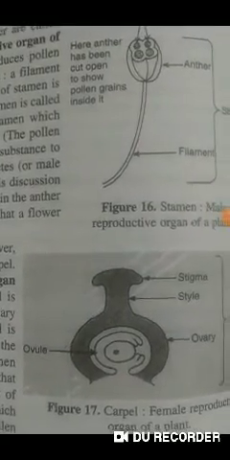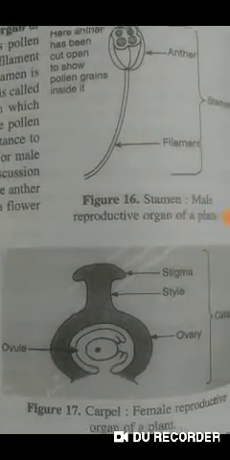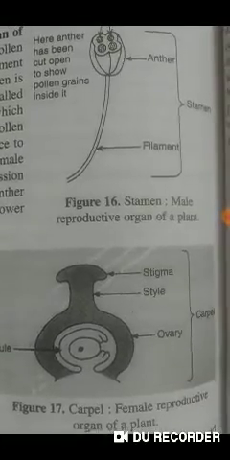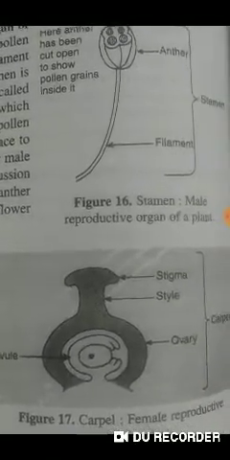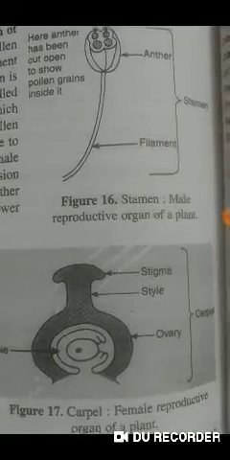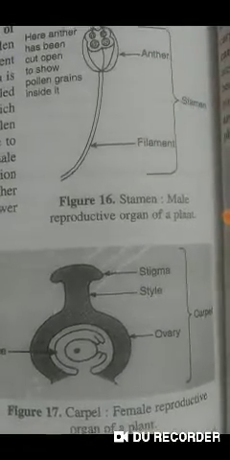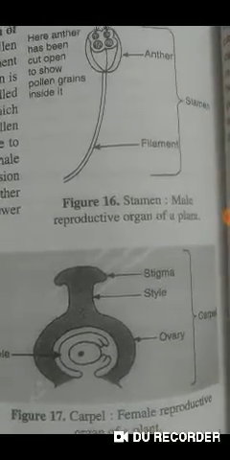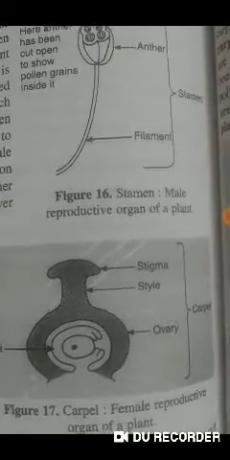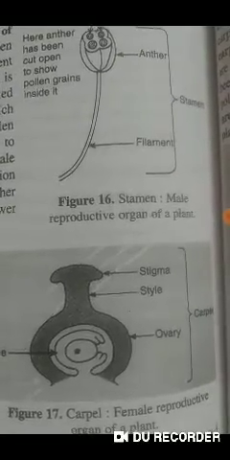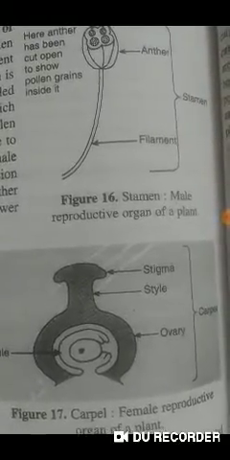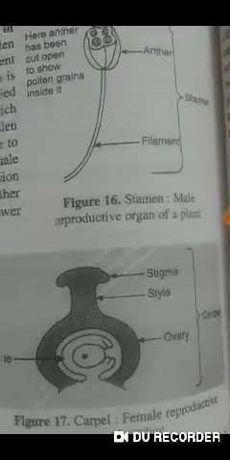When this insect now sits on another flower of another similar plant, the pollen grains sticking to its body are transferred to the stigma of this second flower. In this way, insects transfer pollen grains from the anther of a flower to the second flower.